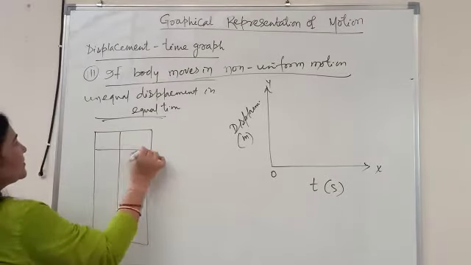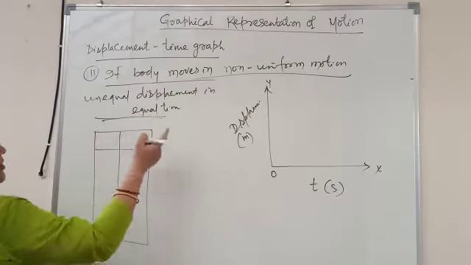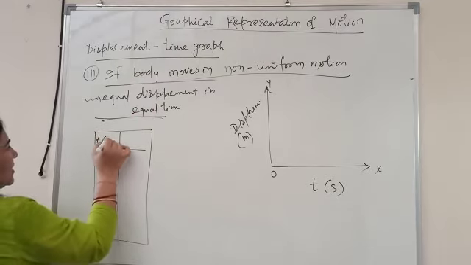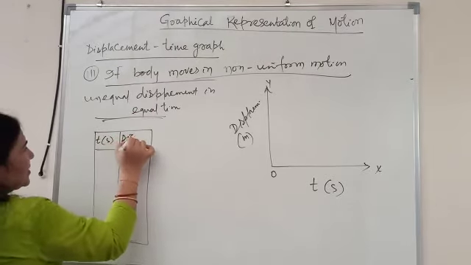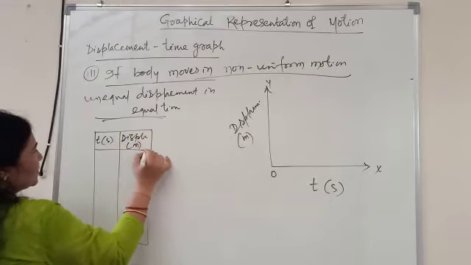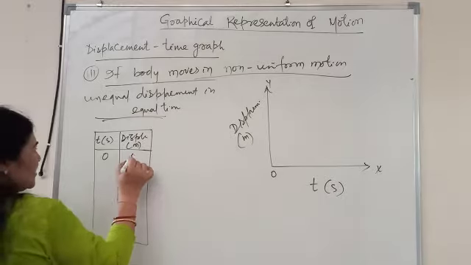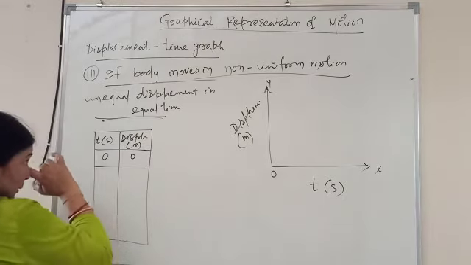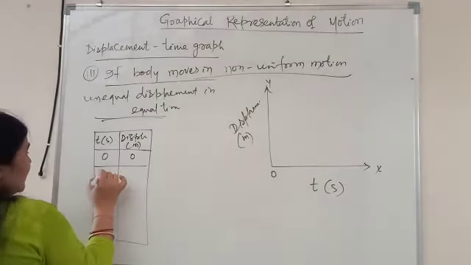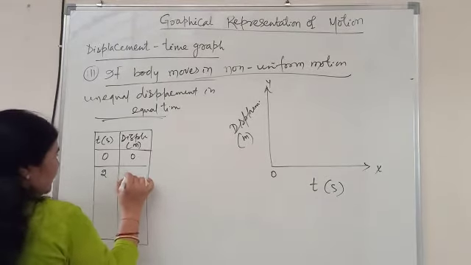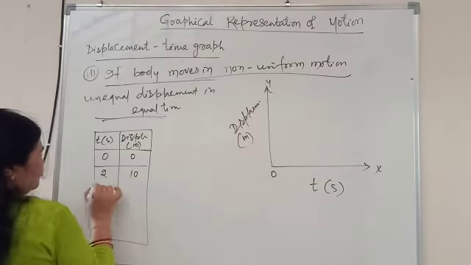So let's take some points here. In the table, I am taking two things: time in seconds and displacement in meters. Let's start from the origin. Suppose when the time was 0, displacement was also 0. When the time is 2 seconds, the displacement becomes, let's suppose, 10 meter.